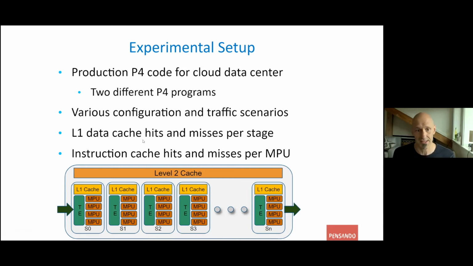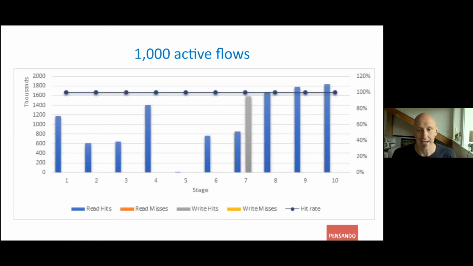So remember, data reads are per stage because they are performed by the table engine, while instruction hits and misses are per MPU because MPUs go and fetch instructions by themselves. And what we can see in this first example, where we have 1,000 active flows, so a relatively low number of active flows, is that the assumptions that we made actually are valid. So let me tell you what we see in this plot.